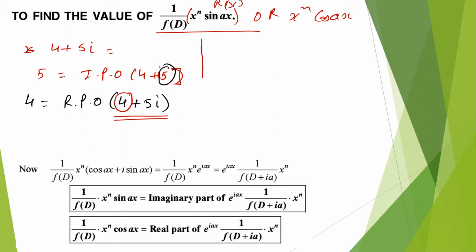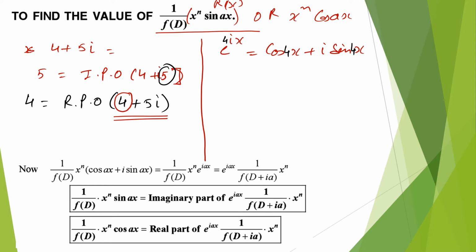By the formula, e to the power iota x is equal to cos x plus iota sin x. If we say e to the power iota 4x, then this will be cos 4x plus iota sin 4x.